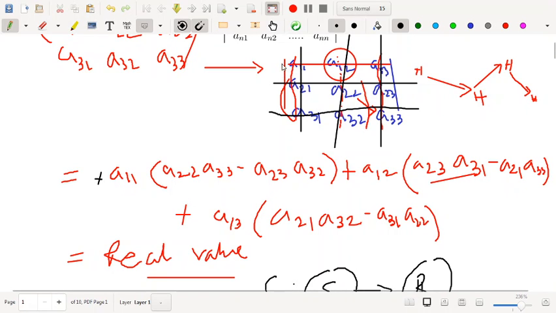If you are considering first row, first column, then you remain with this 2 cross 2 determinant. In that case you do heaven to hell. That means first you go from up to down. So, A22 A33, look at that, once again I will explain this, A22 A33 minus A23 A32, right.